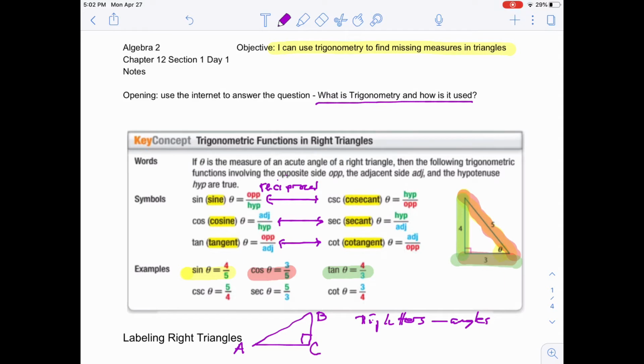So opposite this angle A I list little a. Opposite B puts little b on this side over here, and then opposite C is the hypotenuse, little c on that side. So we'll oftentimes use big letters or Greek letters for the angles, and then the little letters to go opposite them.